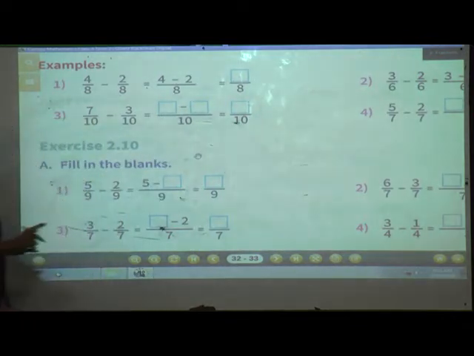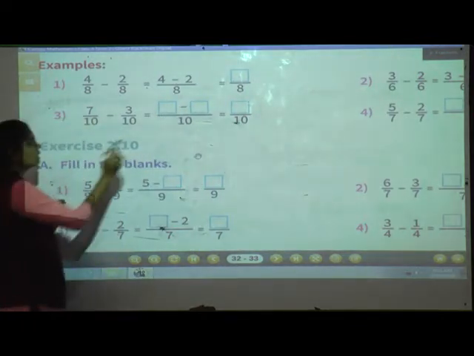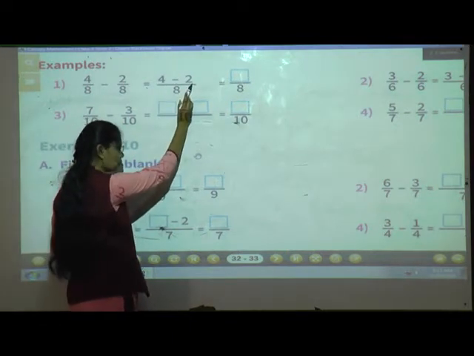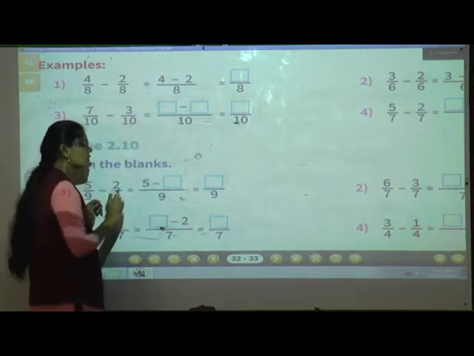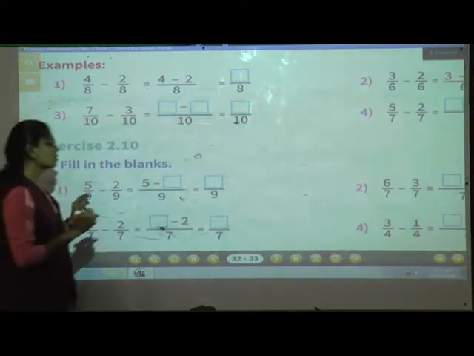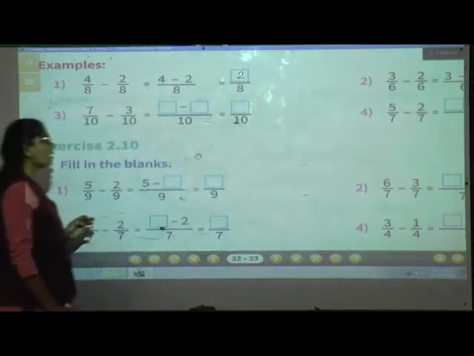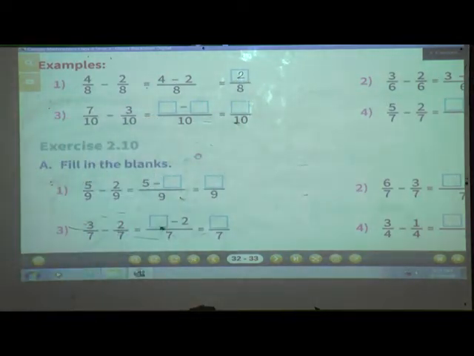The denominator remains the same, only we have to subtract the numerators. 4 minus 2 we have to do. Now 4 minus 2 is equal to 2. So what is the answer? 2 by 8. 4 by 8 minus 2 by 8 is equal to 2 by 8.